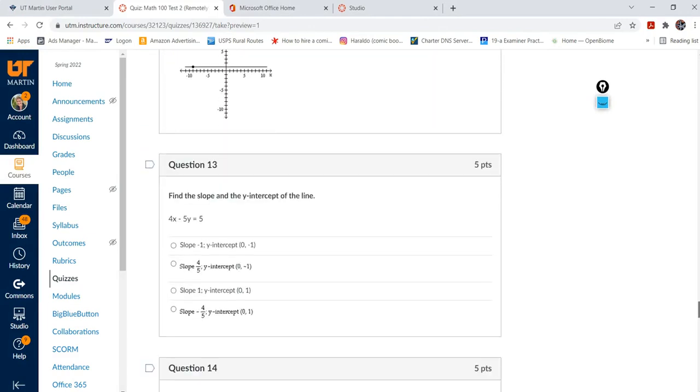All right. Let's go to this one. Find the slope and the y-intercept of the line. Okay. So again, we have to get it into that slope-intercept form. So I'm going to subtract 4x from both sides. And so I'm going to be left with -5y on the left-hand side. And I'm going to subtract 4x, but I'm not going to write 5 minus 4x. I need to put the x term first.